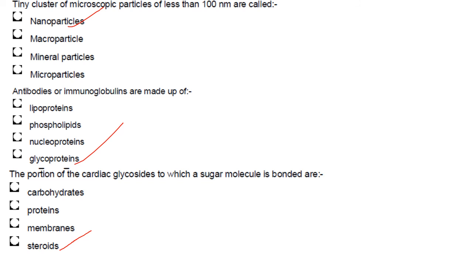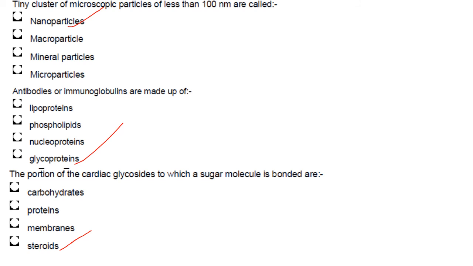The portion of the cardiac glycosides to which a sugar molecule is bound is. Cardiac glycosides are a class of organic compounds that increase the output force of the heart and increase its rate of contraction by inhibiting the cellular sodium-potassium ATPase pumps.